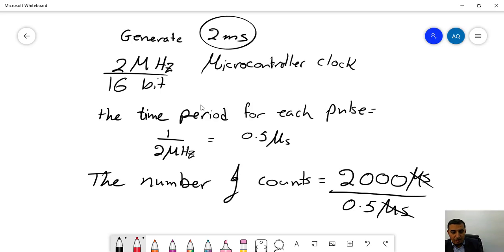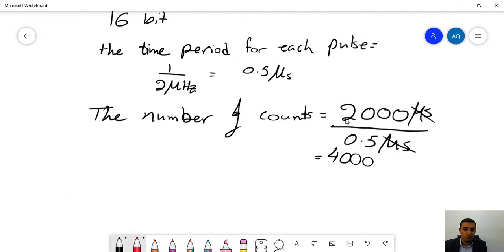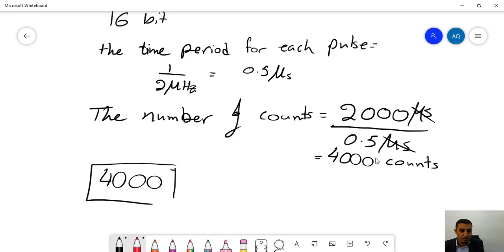Again, microseconds with microseconds will cancel. 2000 divided by 0.5 will give you 4000 counts. So the contents of the output compare register will have the value of 4000 counts.